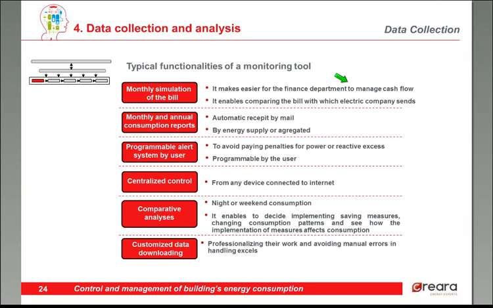One type of analysis which is very classic is comparing, for example, one point of consumption with the same consumption in previous moments in time. This is something that most monitoring tools can do.